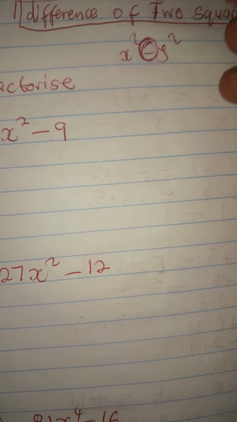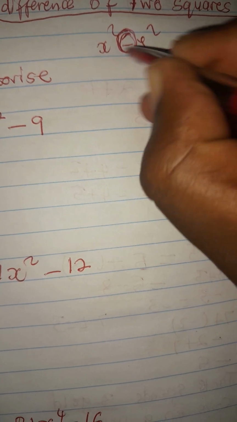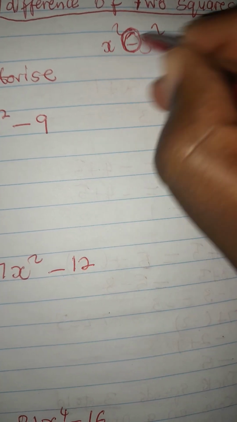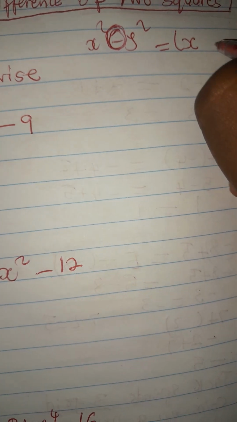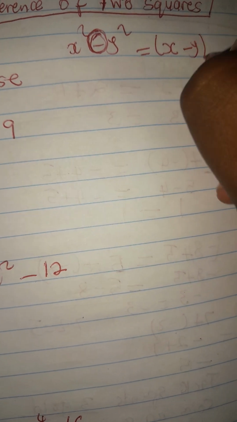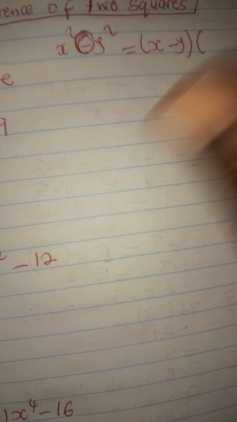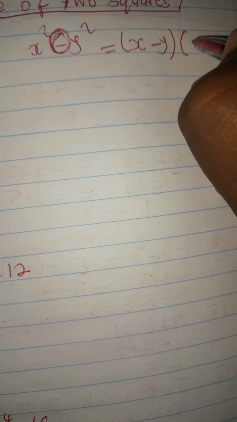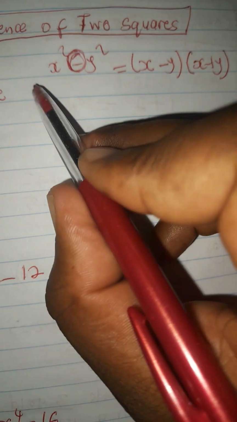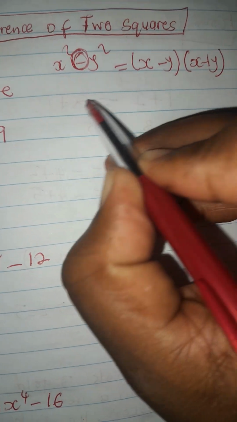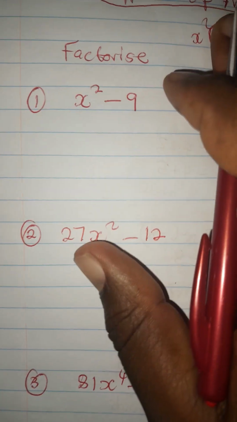So in this case, if we find the root of x squared, the square root of x squared will be x. Since it's a product of two of the same thing, one will have a positive sign and the other one will have a negative sign. So this is what we call a difference of two squares.